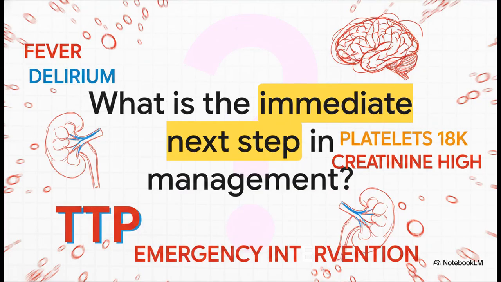Let's simulate a high-pressure clinical scenario right now. A 34-year-old female presents with fever, delirium, a severely low platelet count of 18,000, and an elevated creatinine. What is your immediate next step in management? Think about it. The neurologic changes combined with renal failure absolutely scream TTP, and that demands a highly specific emergency intervention.